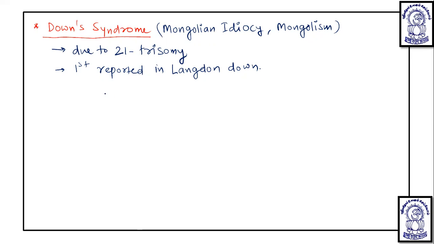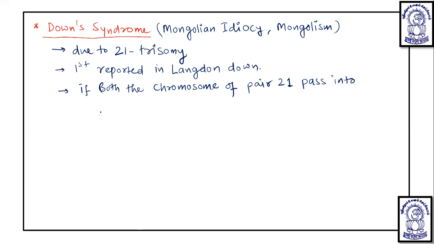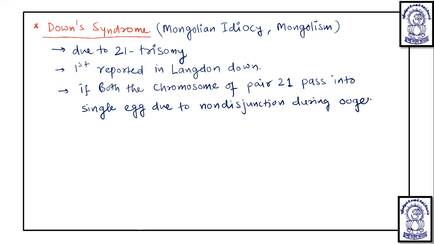So why is it happening? It occurs if both the chromosomes of pair 21 pass into a single egg due to non-disjunction during oogenesis.